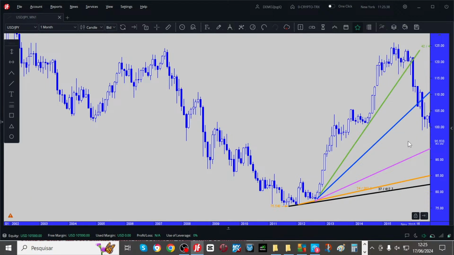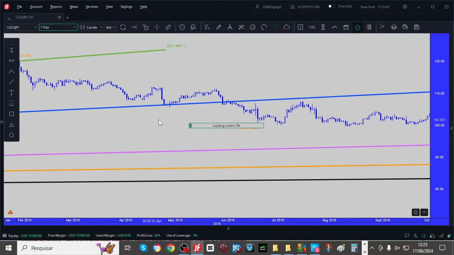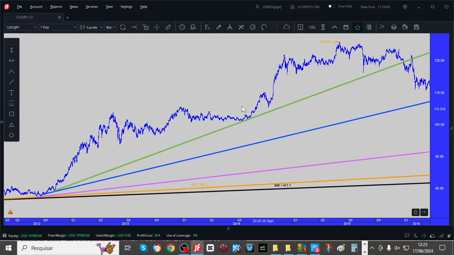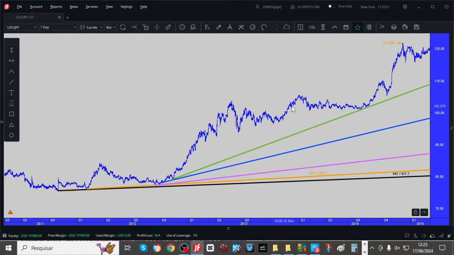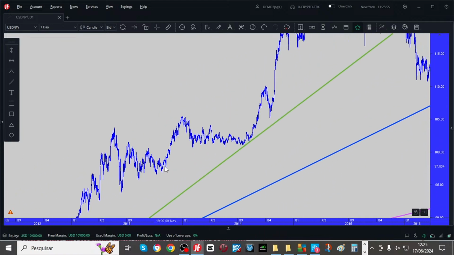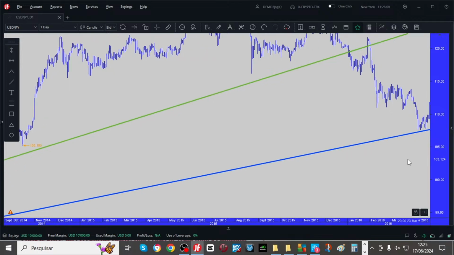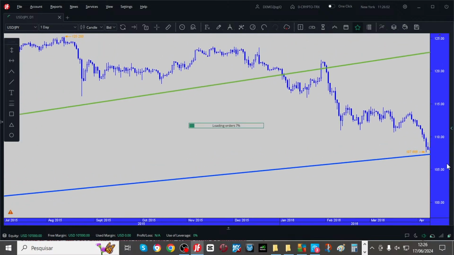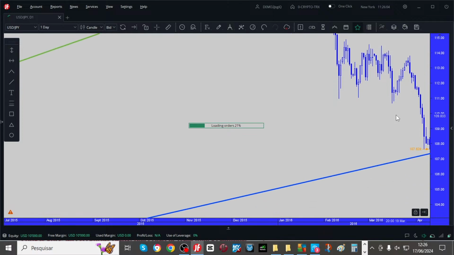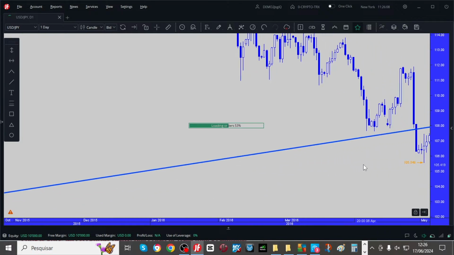But because some of the traders are day traders, we can go from the monthly to the daily chart, just an example. Where were we? We are here, right? So the market is falling, and it's here.